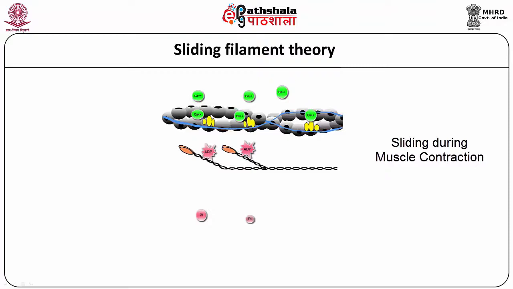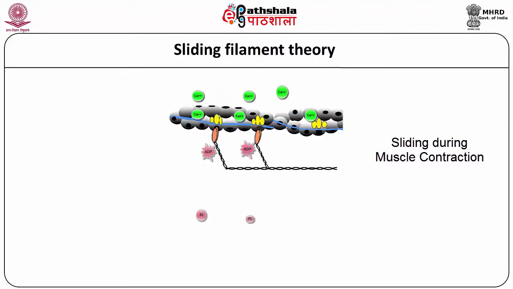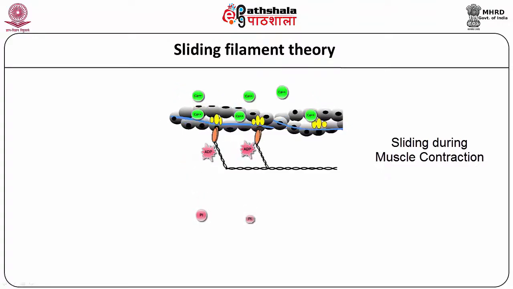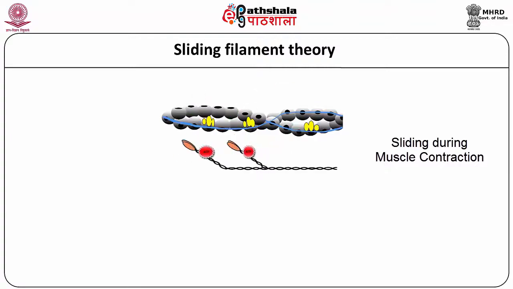As I was telling earlier, you can see the animation of the movement. See it again. I hope with this picture you have got a clear idea of the muscle contraction.